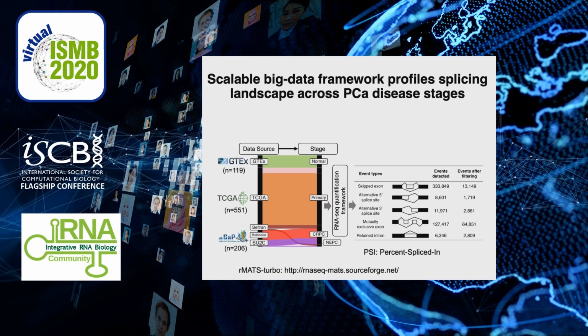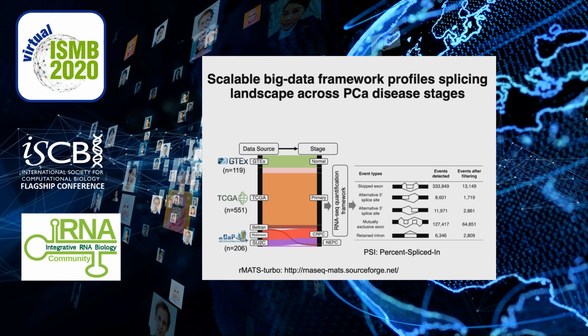I think it's worth mentioning how rMATS and many other splicing quantification tools quantify alternative splicing. It basically uses a metric called the PSI value, or percent spliced in, as I typed below. It's nothing but a ratio between the reads supporting the inclusion of the middle exon and the sum of the reads supporting the skipping of the middle exon plus the inclusion of the middle exon.